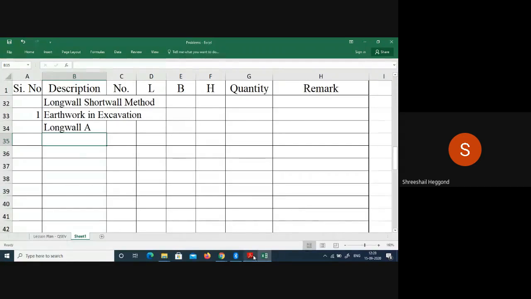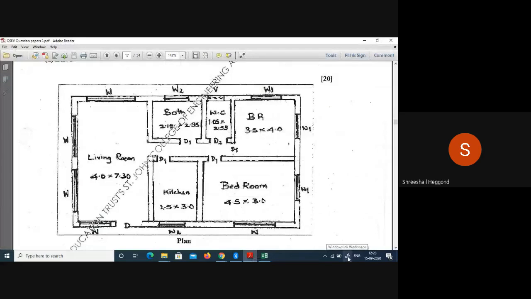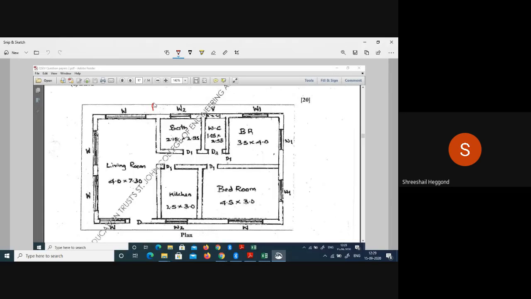First, I'll see how many names you can give. A. This long wall can be named as B, and this horizontal, which is connecting bedroom and kitchen, that long wall can be named as C, and the wall connecting bathroom and WC can be named as D wall.